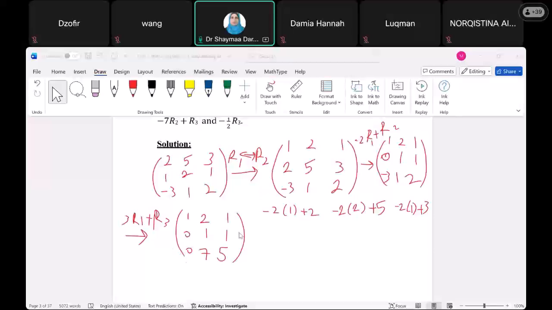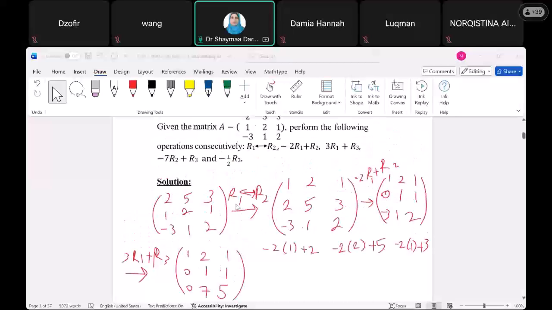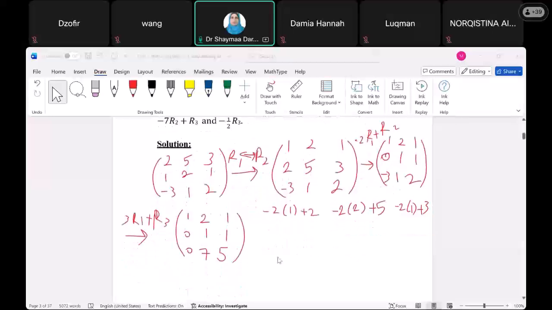Okay, now the next operation, I need to multiply the second row this time by minus 7, adding to the third.